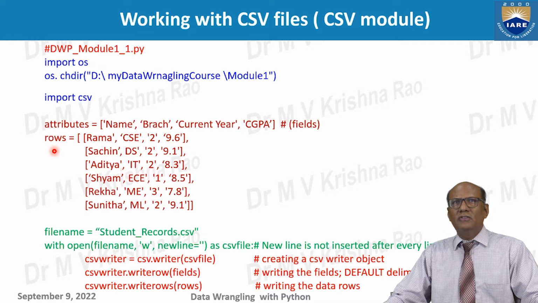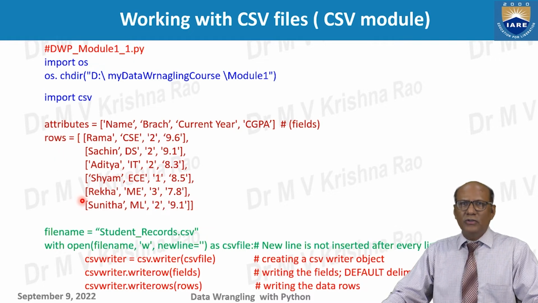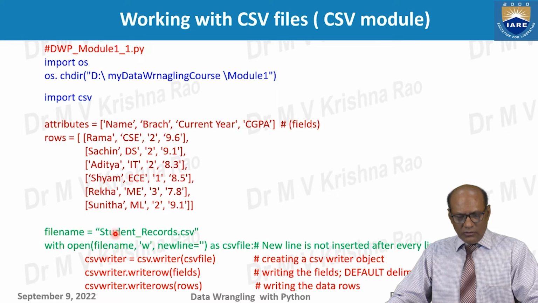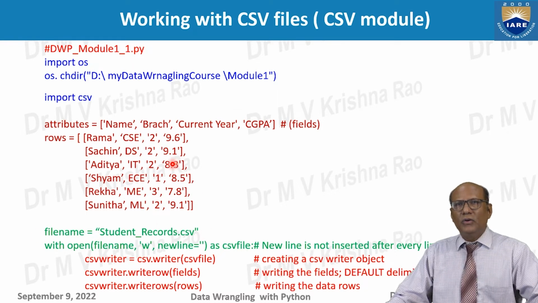Okay. So this is what the rows are, and what we are going to do is specify a file name. I want to write this first into a CSV file. That file name is student_records.csv. If you see here, there is a name, there is a branch, and there is a spelling mistake here.